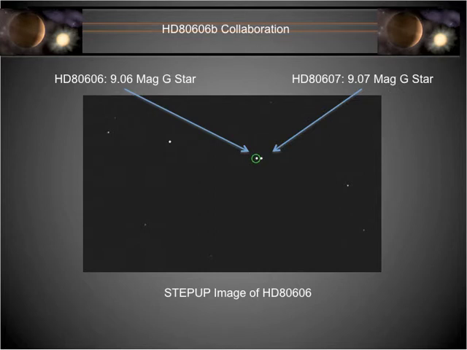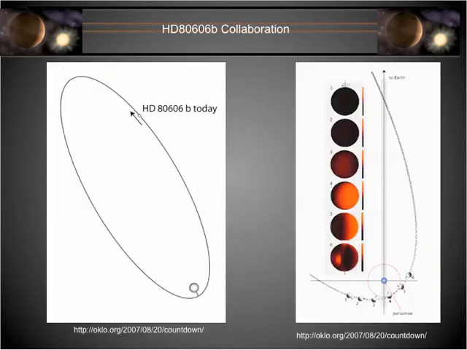These two stars are very similar in size and brightness, but because of the gravitational perturbance of that nearby HD 80607, HD 80606b, the planet's orbit, is on a very eccentric orbit. It's very elongated, and it goes from, at its farthest point away from the star, around where the Earth would be if this were the solar system, to inside Mercury's orbit at its closest approach.